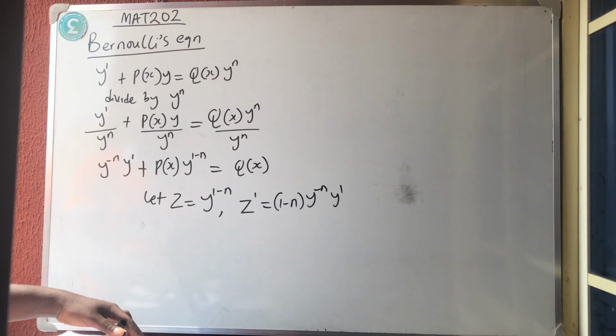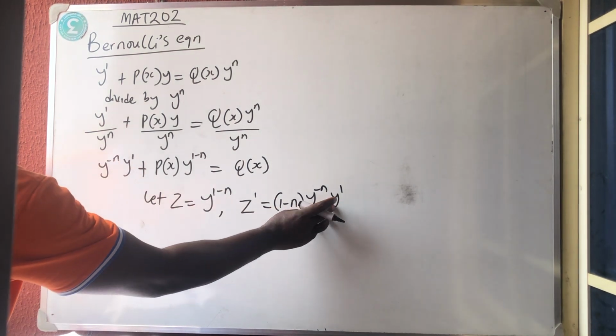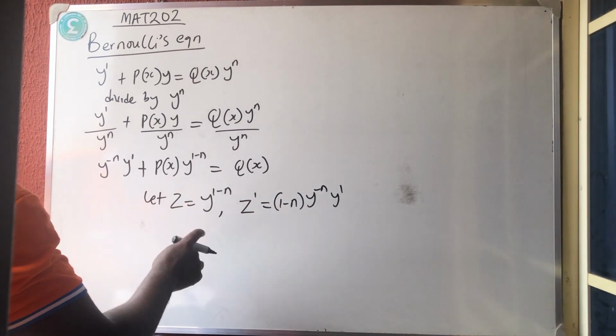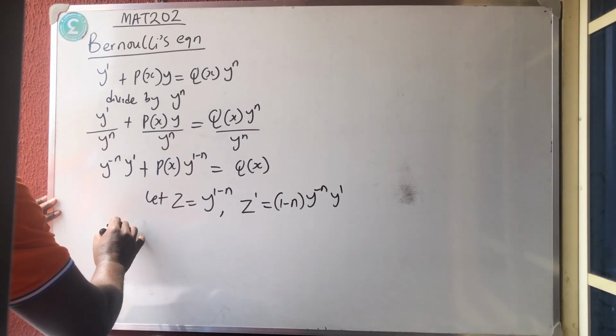So now, since this and this look alike, but the only problem is that there is no 1 minus n, let's multiply everybody by 1 minus n.